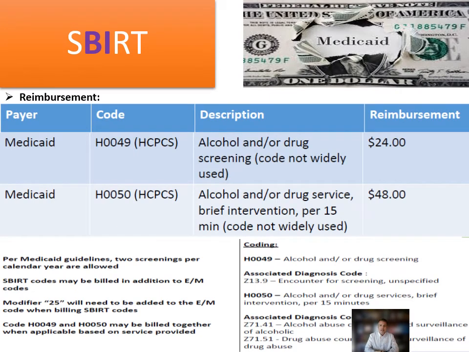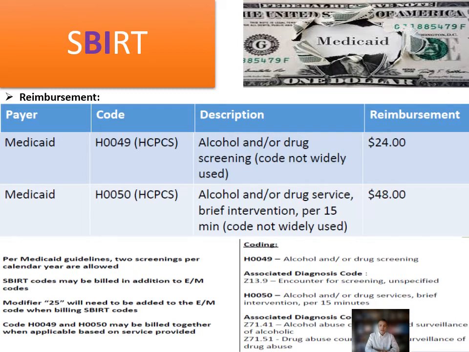Evaluation and management. So typically, patients are going to be coming in for evaluation and management of something else. It might be diabetes, it could be hypertension, it could be management of their heart failure, any number of things that they might be coming to see a provider or primary care practitioner for.